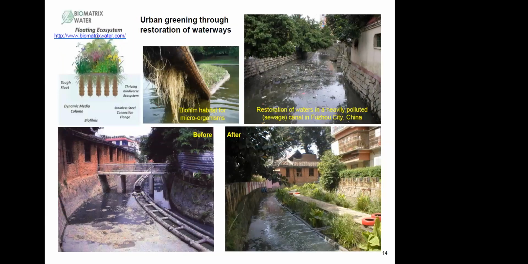This is how Biomatrix Water established some of the examples at Findhorn. There's a typical cross-section of the floating island with the plant habitats and the root system. And this is an example of a canal heavily polluted with sewage.